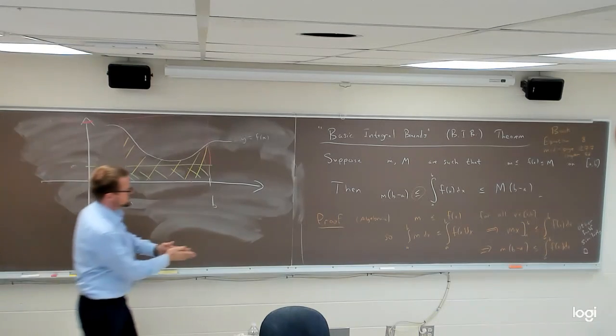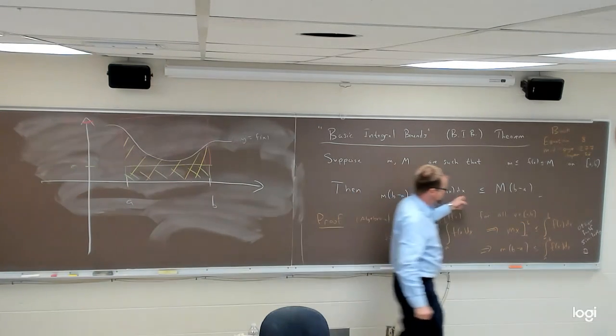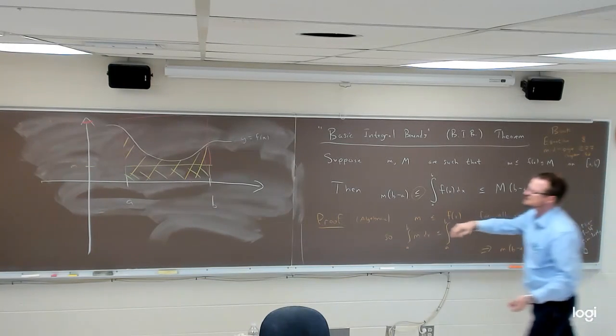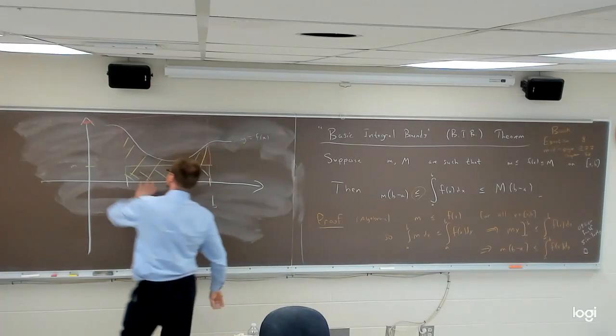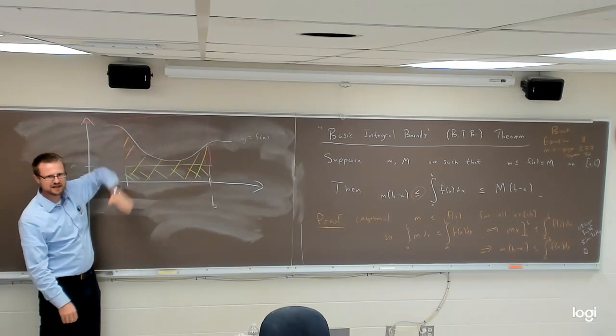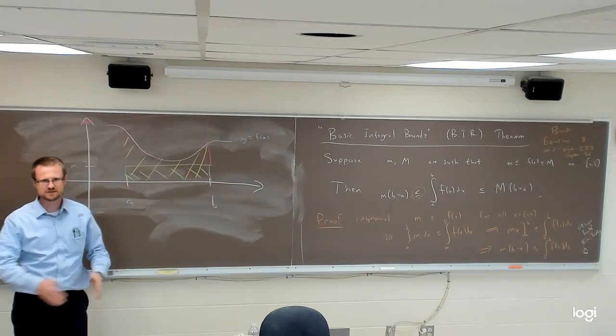Well, this area comparison just amounts to the fact that the area of a subset is less than or equal to the area of the total set. The green rectangle is contained within the yellow region, which is contained within the red region, so the areas have to go in that order. That's all there is to it.